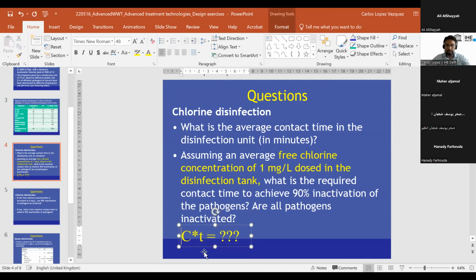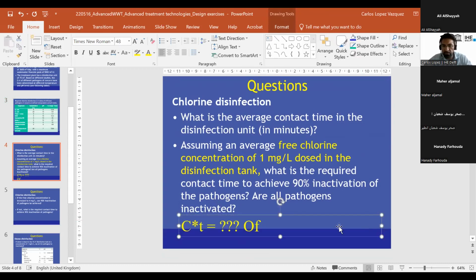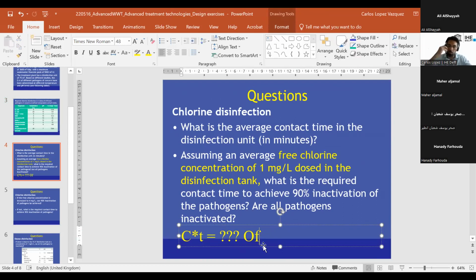So this will be the CT, etc., of the disinfection tank. The disinfection unit can create a certain CT. The question is, is that CT sufficient to inactivate the organisms? So this will be the CT of the disinfection unit.